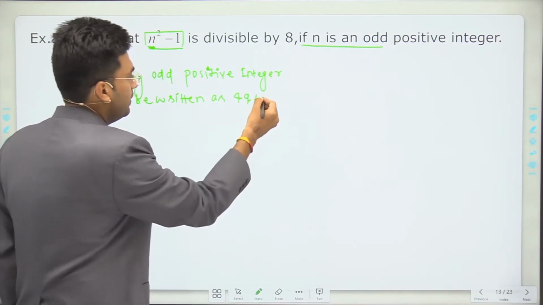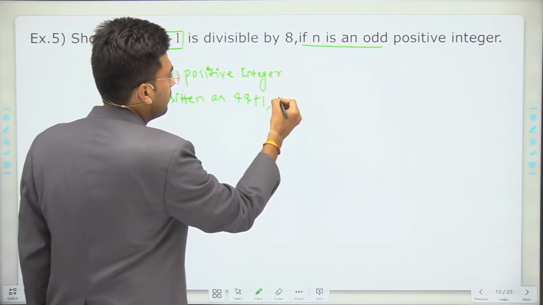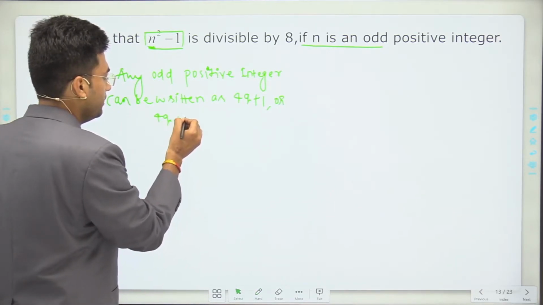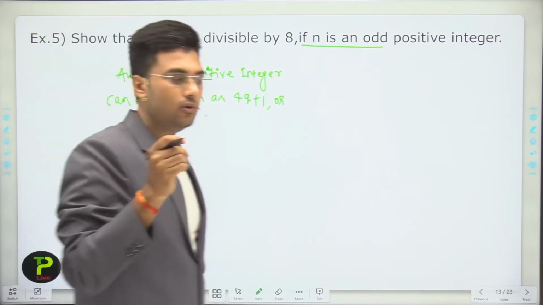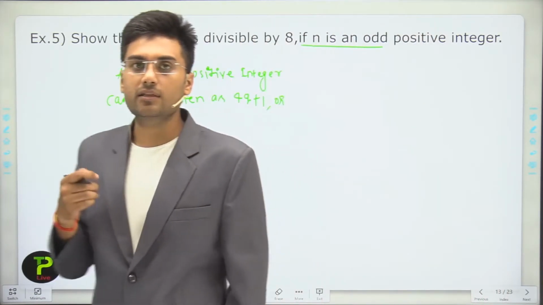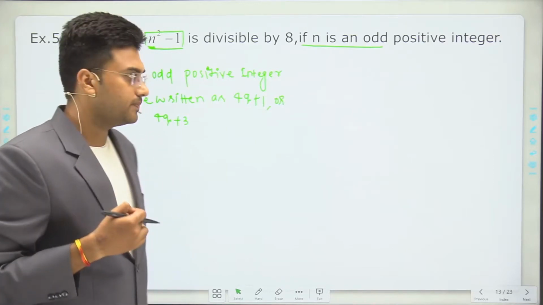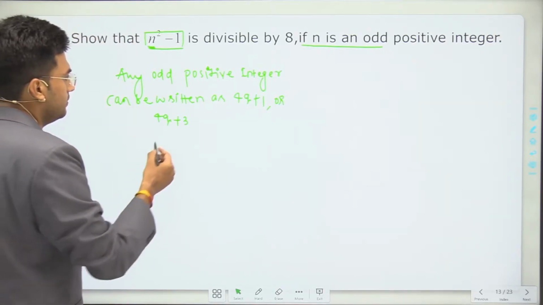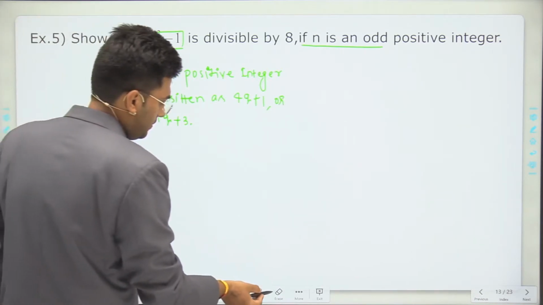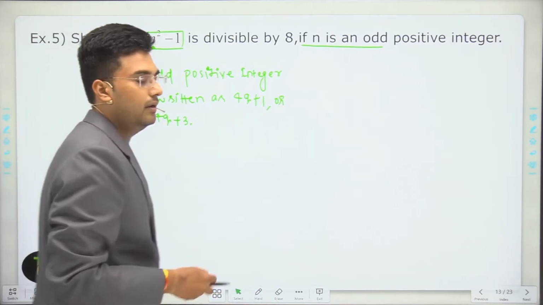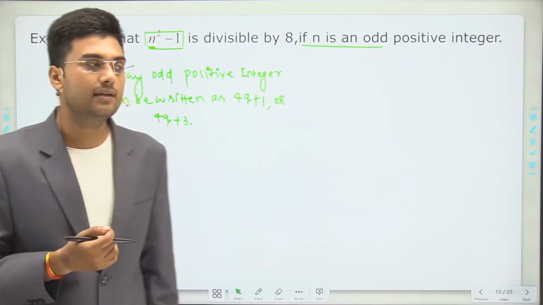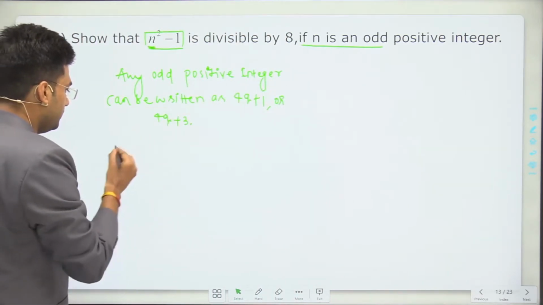And students, if you don't know what is the form of an odd positive integer, then we use Euclid's division lemma.